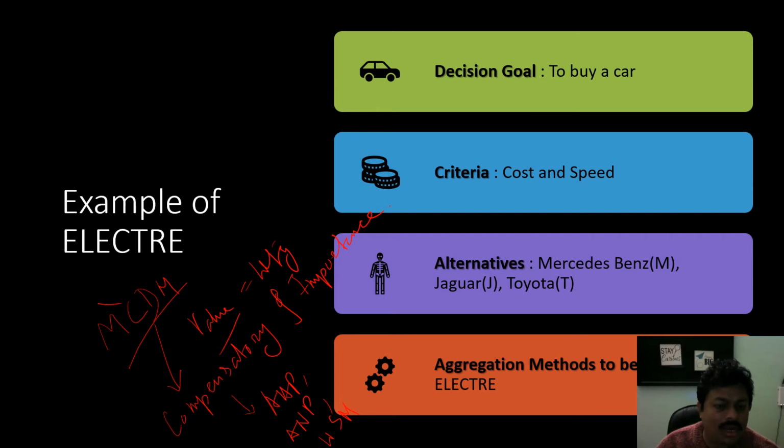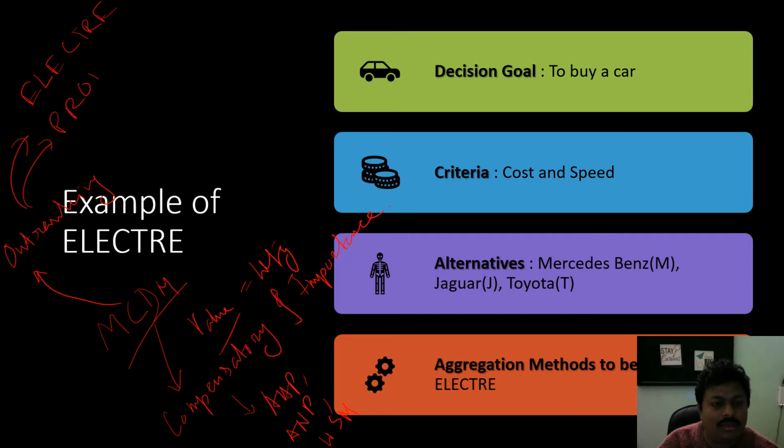Now, in another kind of method, which is known as the outranking method, the examples are ELECTRE, PROMETHEE, and other methods like EVAMIX.